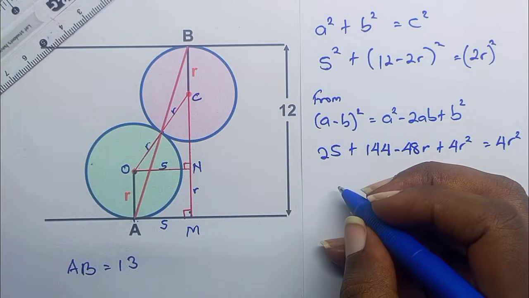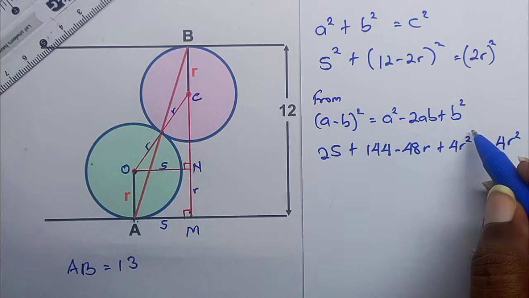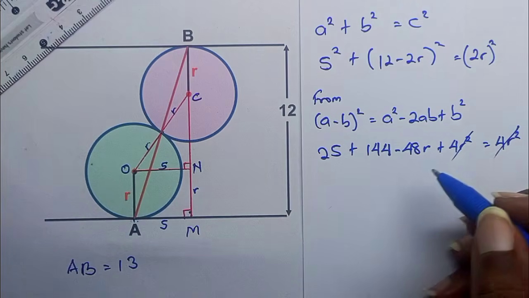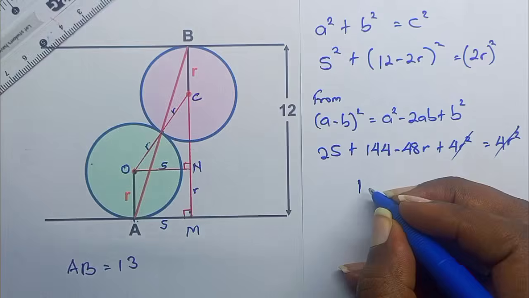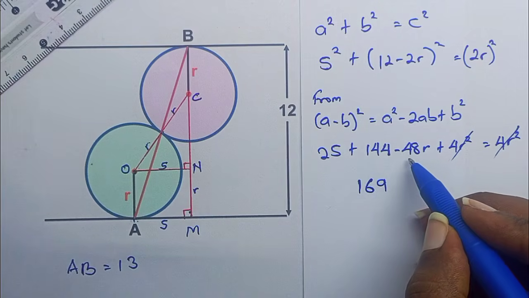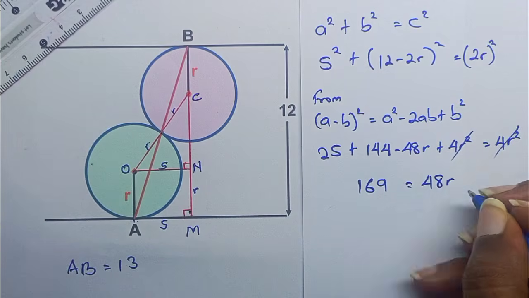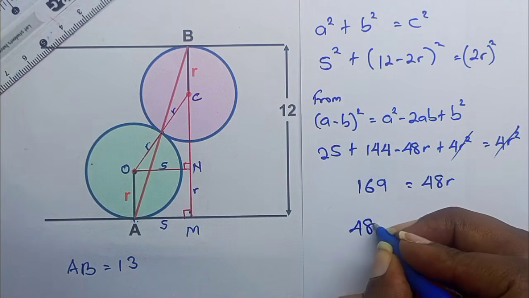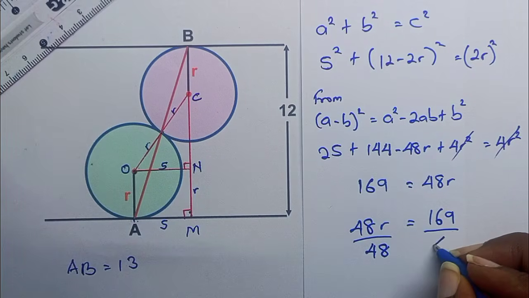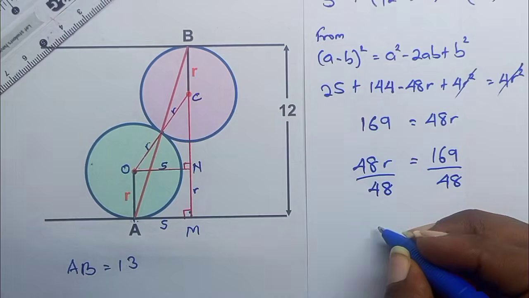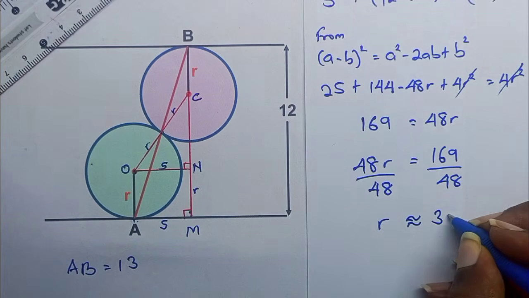Okay, so you can see 4R squared here, 4R squared here, so they cancel out. So I'm left with 25 plus 144 gives us 169. So we take the negative 48R on the other side. So this is equal to 48R. So 48R is equal to 169. Divide both sides by 48. And so our R is approximately equal to 3.52.